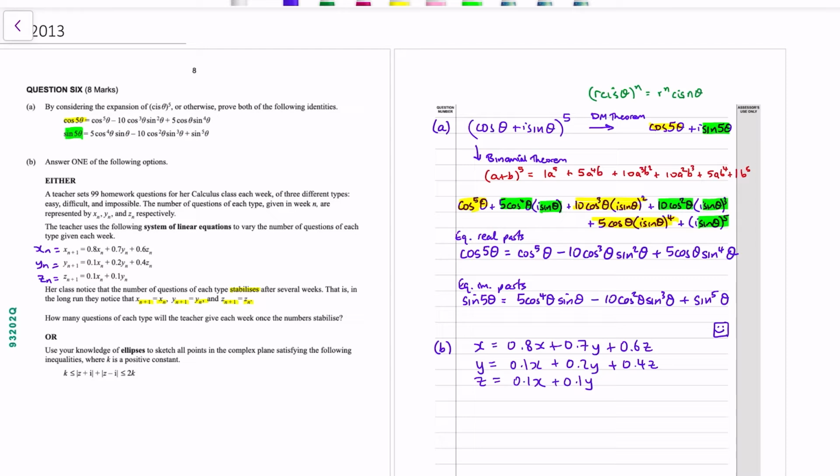Under equation, go to simultaneous, 3 unknowns. The only thing that we need to do is move the x, y, and z to the other side. So the left-hand side will be 0, 0, 0, and this will be minus 0.2x. This one will be minus 0.8y, and the z one will be minus z.